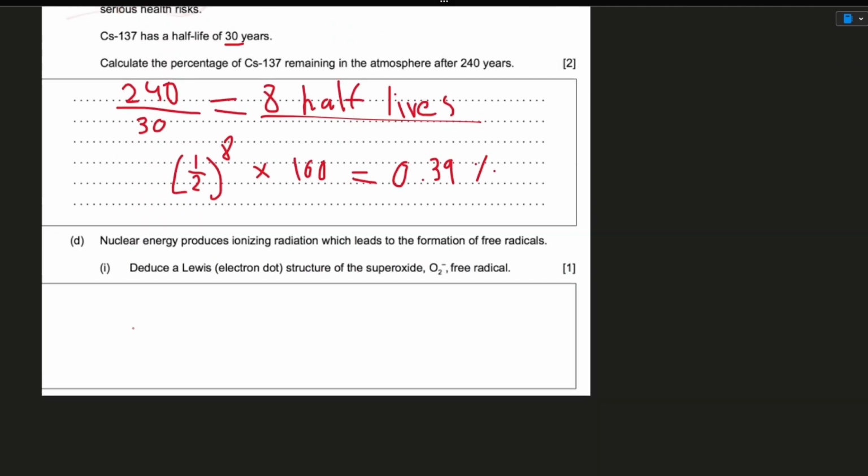Part D asks us, nuclear energy produces ionizing radiation, which leads to the formation of free radicals. Deduce a Lewis structure of the superoxide O2 free radical. So we know we're going to be dealing with a double bond because it's O2, it's diatomic.